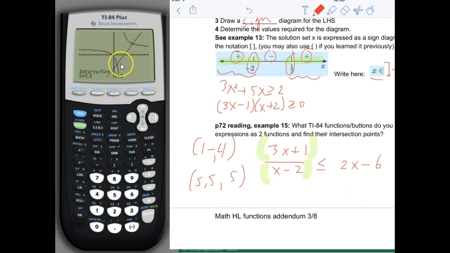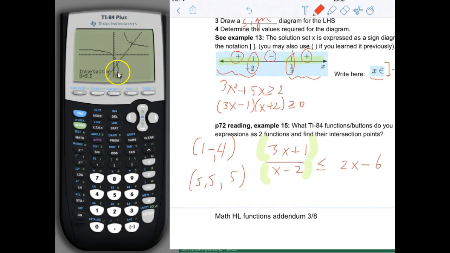And we can kind of see that, from this intersection point to the left, the hyperbola is bigger than the line, right? From this intersection point to the right, the line is bigger than the hyperbola, okay? So if we want to say, when is the hyperbola less than or equal to the line, we would say, okay, the hyperbola is greater here, it's less here, greater here, and less here.